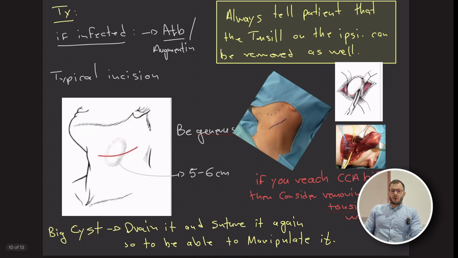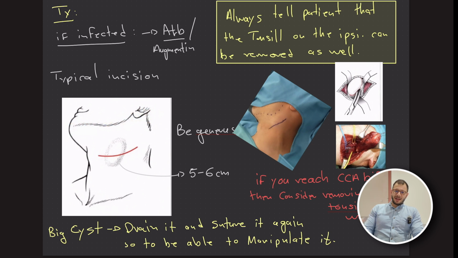Now, what about the treatment? How do we treat these kinds of cysts? First of all, if they are infected, you need to admit the patient, administer IV antibiotics and some pain medication, but the typical therapy for these patients will be an operation. The incision should be placed above the cyst in a wrinkle line on the neck, and be generous with your incision.